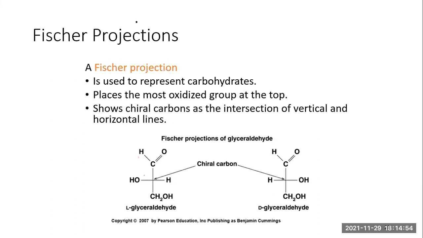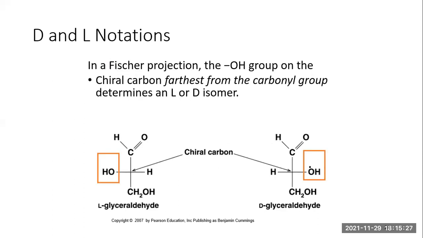And as we've been doing, a lot of times we use no carbons, just those cross lines where we see those chiral carbons as intersections. And again, as you can see, last chiral carbon, as we saw earlier, right there, and that is a left or an L. And same thing here, last chiral carbon right above there, and that is on the right-hand side, which would be our D projection.